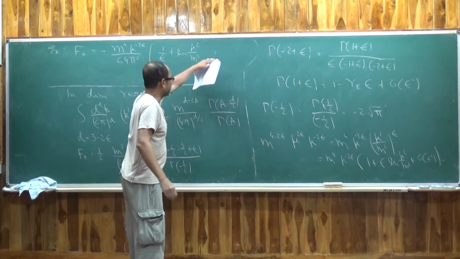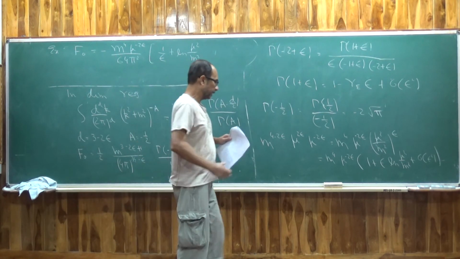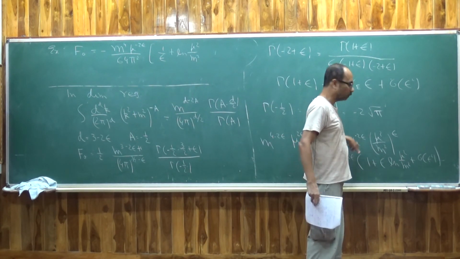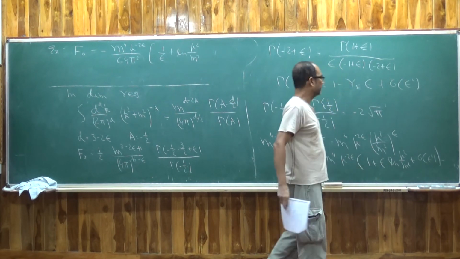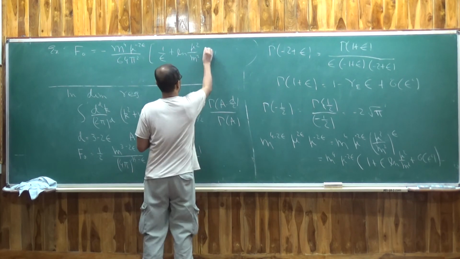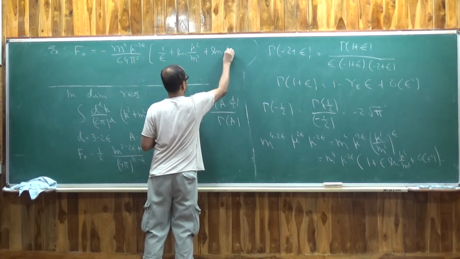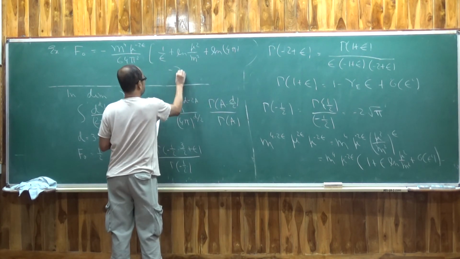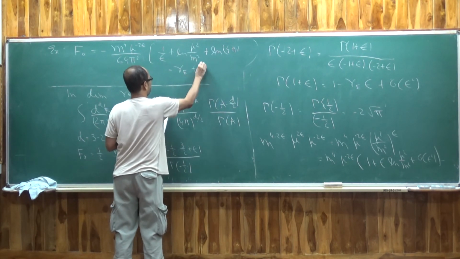Basically these terms that we are getting are because of the cancellation between this epsilon term over here and the 1 over epsilon that comes from the pole. So log mu square over m square, plus log of 4 pi, minus gamma e, plus 3 over 2.